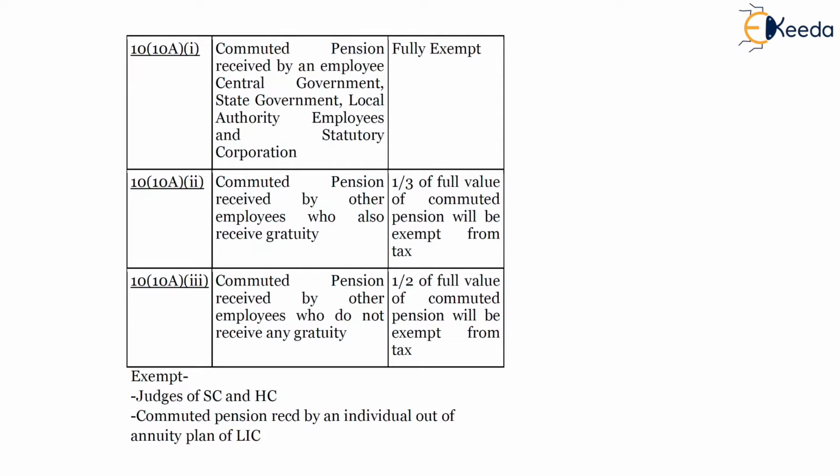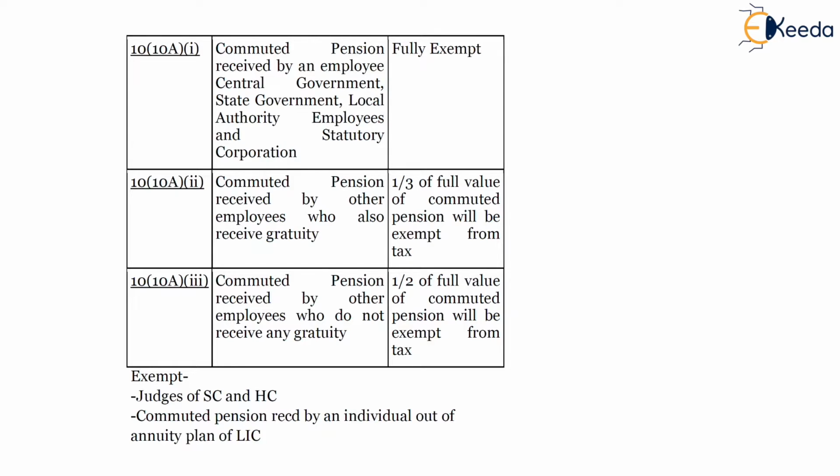So the relevant clause is clause 10A, right? Subclause 1 is related to the pension received by a government employee. It is totally exempt, right? Subclause 2 of clause 10A is related to commuted pension received when gratuity is also received.